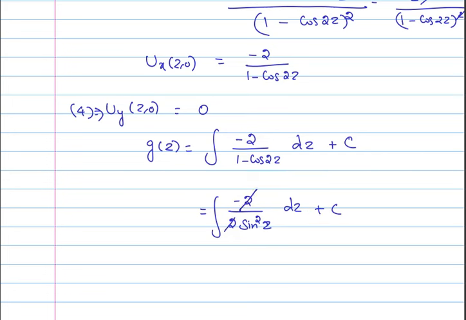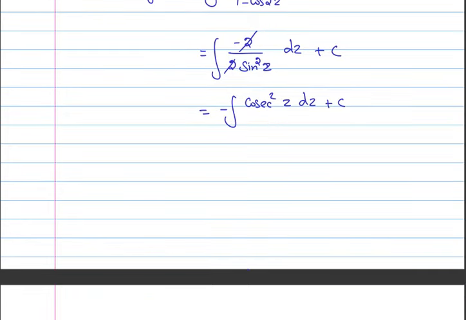The 2s cancel. So the integral of minus 1 over sin square z, that is cosec square z, dz plus c. If you integrate cosec square, you will get cot z. This is our g of z.